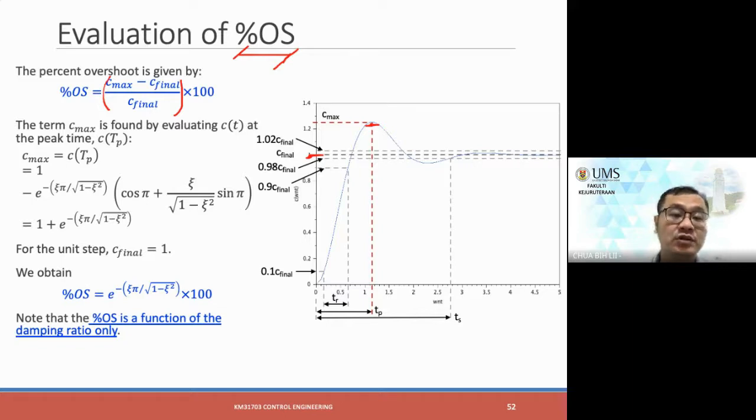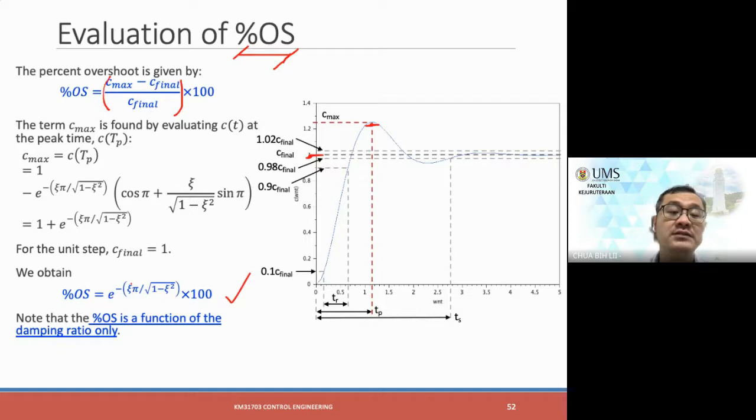Eventually, this can be evaluated by using this equation, related to the damping ratio. This overshoot mainly depends on the damping ratio only.